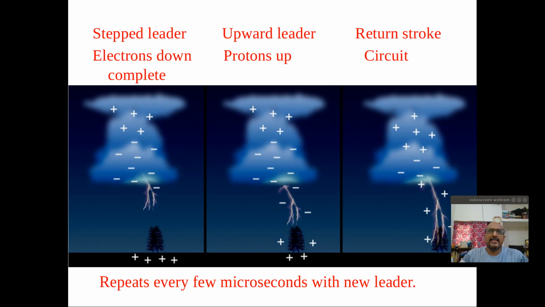So that is heard as thunder. First lightning happens, and after a few microseconds thunder is heard, and one reason is that light travels faster than sound. So that is why thunder always follows lightning.